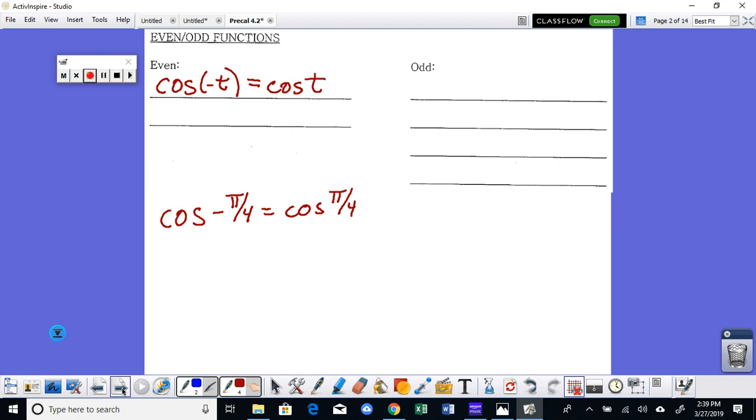Who goes with cosine? Secant. So the other even one is secant of negative t equals secant of t.